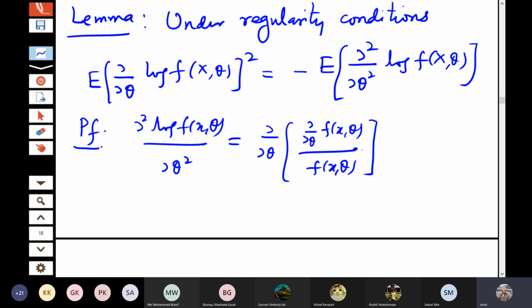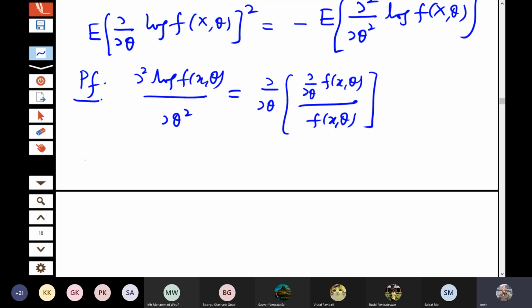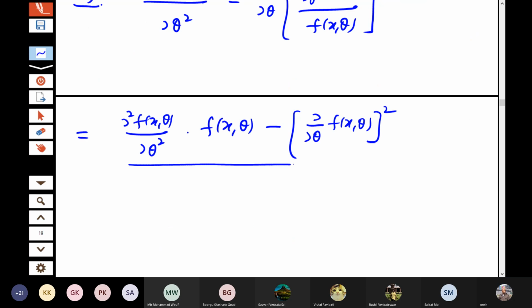So if I consider the derivative of a ratio, I can express it like this: ∂²f(x;θ)/∂θ² times f(x;θ), minus ∂f/∂θ, and then the second one, so it will become the square of this, and the whole thing divided by f²(x;θ).